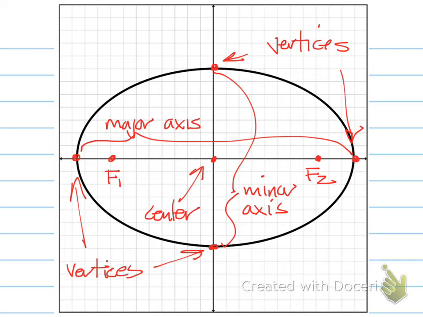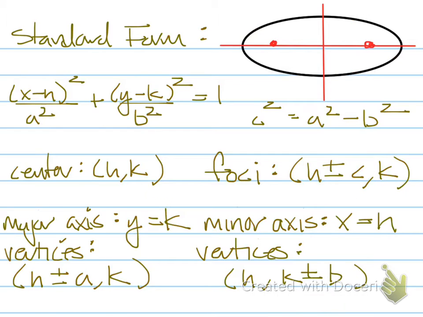And then you have two foci located inside the ellipse. Outside of the ellipse on both sides are the directrix. They're located the same distance away from the vertex as each focus is.